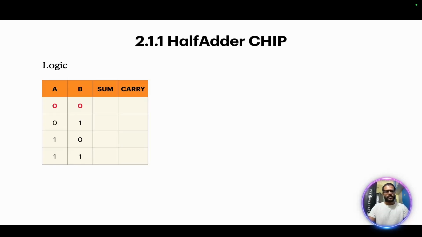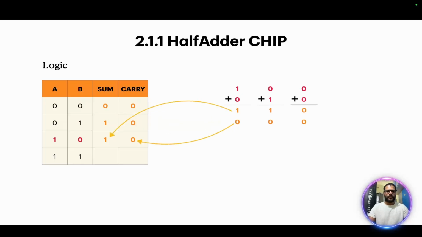So I'll take the first two values in the first row, add them, and we know 0 plus 0 in binary gives 0. The sum is 0 and the carry is 0. So I feed it back to the table. Moving ahead with the next row, you get 1 and 0, and so on.